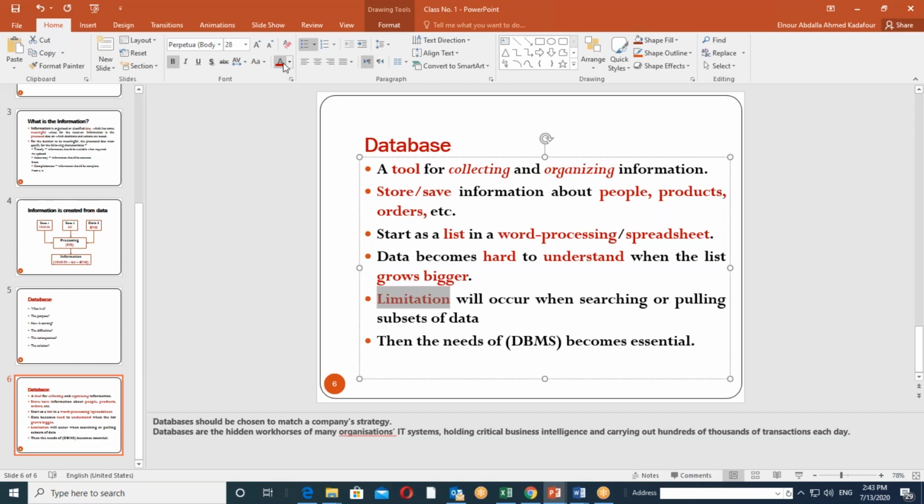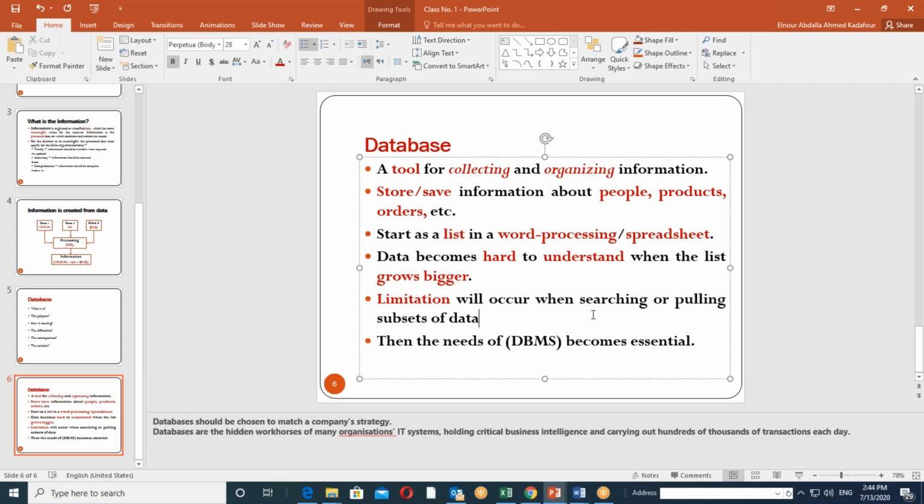So with the limitation of this traditional list, when I'm looking for a piece of information out of the whole, it will be very difficult for me. Simply, if I'm looking for a simple item price among all these things inside Lulu, it's really very difficult.